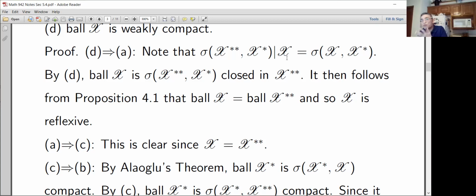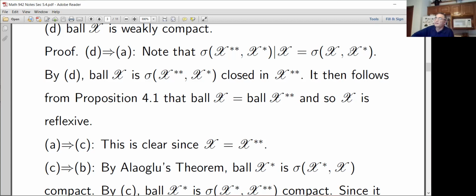So you have this restriction. The simple way to understand this is this: the restriction topology is defined by members of X star, and this topology is also defined by members of X star, so they are the same.